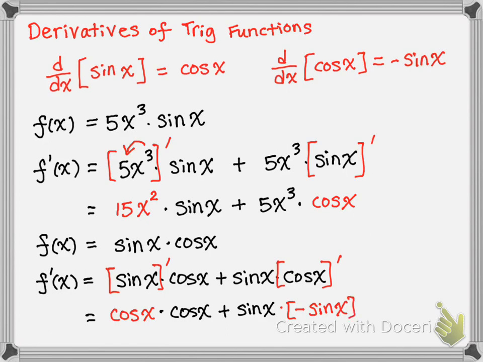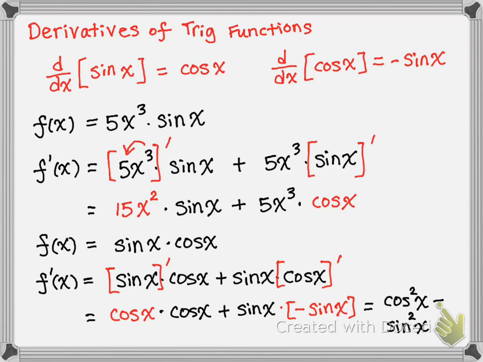So what it gives us at the end is cosine squared x, so cosine x squared minus sine x squared. You can leave it like this or you can simplify. There are several representations for the derivative, but you can be done at this point.